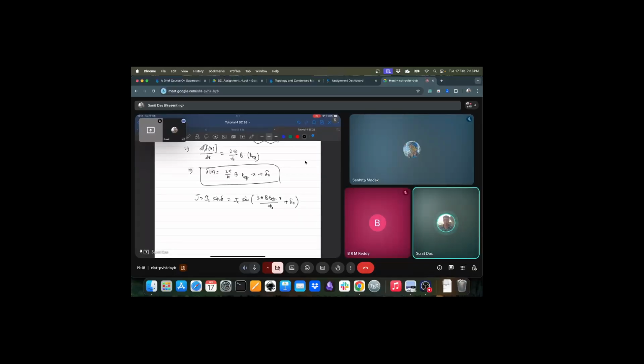We have written phi 0 because h by 2e is phi 0. So from this to this we have used this equation.